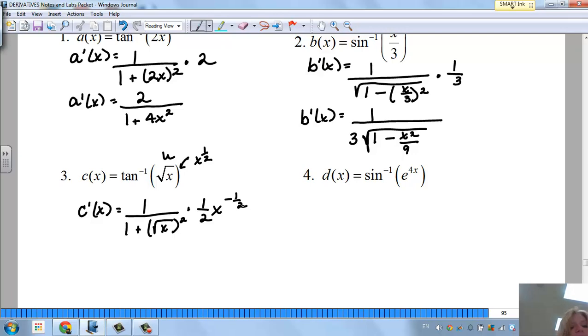And you know how this can all be rewritten, so c prime of x is going to equal 1. Now the 1 over 2, the 2 can go in the denominator. This turns to a radical x because it's in the denominator, it's negative, times 1 plus x, sorry.